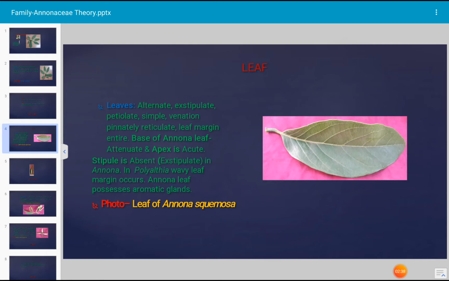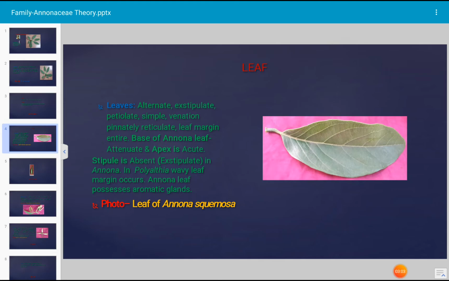Venation is pinnately reticulate. Reticulate venation occurs in the leaves. Leaf margin is entire. In most of the plants of this family, leaf margin is entire. The base of the Annona leaf is attenuate and apex is acute, as shown in the photograph. Stipule is absent.